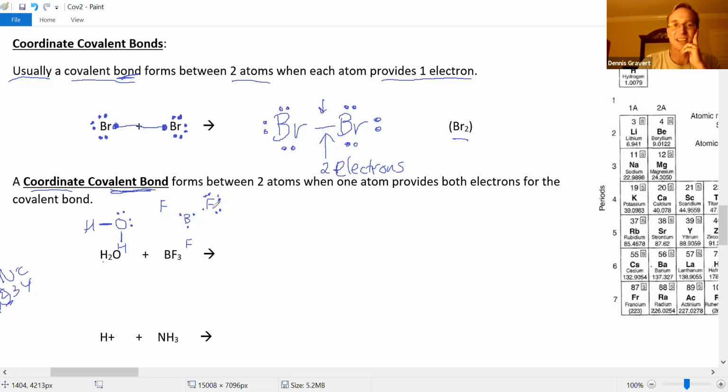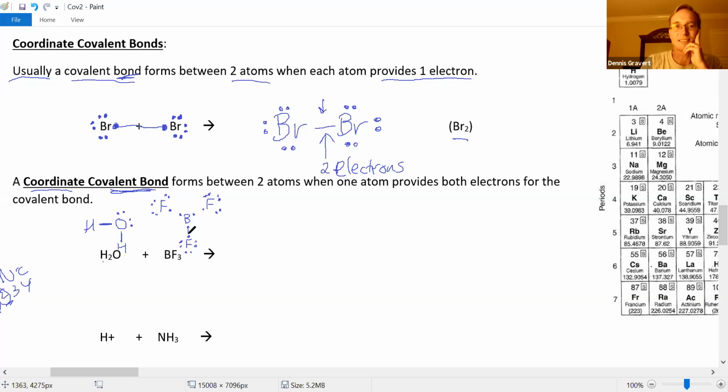There's 7 dots around this F. I got 1 here, and I'm supposed to spread them out, 4 in each region, and then pair up the ones that are not facing the atom I want to bond to. Same thing on this bottom fluorine. Take the shortcut, there's pairs away from the boron. Let's pause there so you can take a look at that.